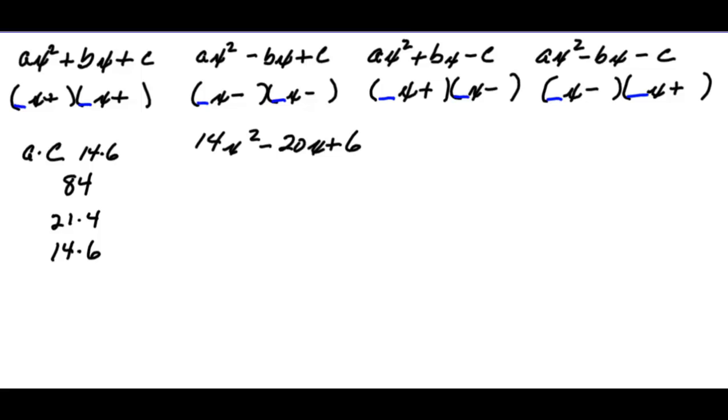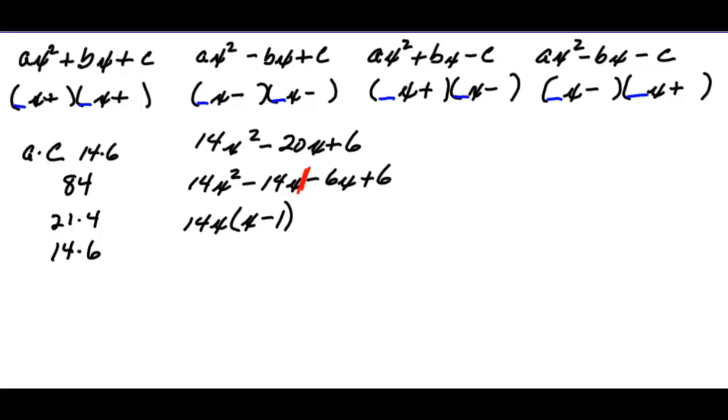So let's rewrite this now as 14x squared. And now we know that it doesn't matter whether we put the 14x second or third. So we'll put it minus 14x minus 6x plus 6. In our first two terms now, what we can pull out is 14x. And what do we have left? X minus 1.